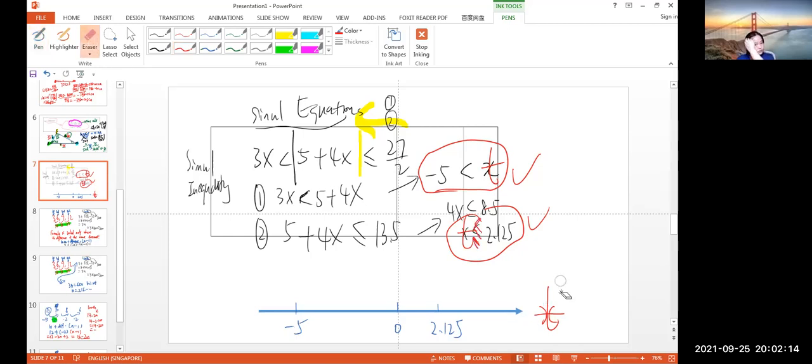Let me get rid of the t first. Next, x is smaller than this, with an equal sign here. Can you see it's an equal sign? Smaller means left-hand side, and equal sign, so solid. Then x smaller than -5, no equal sign.